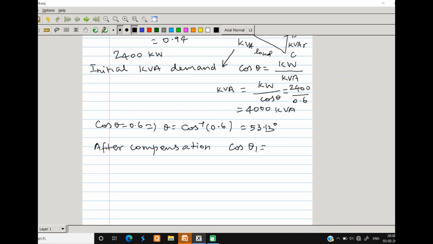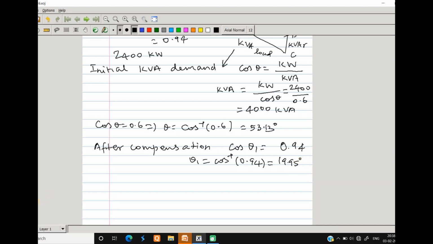So cos theta 1 will be equal to 0.94. So theta 1 is equal to cos inverse of 0.94, which is 19.95 degrees.